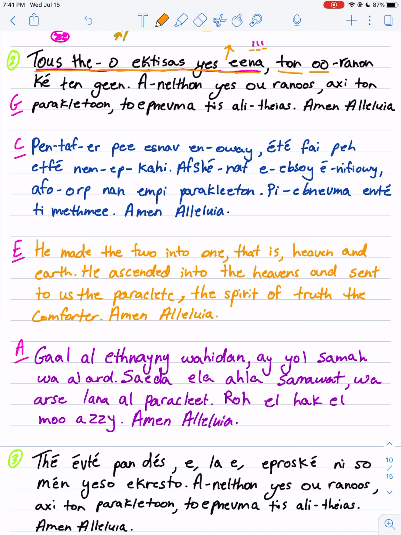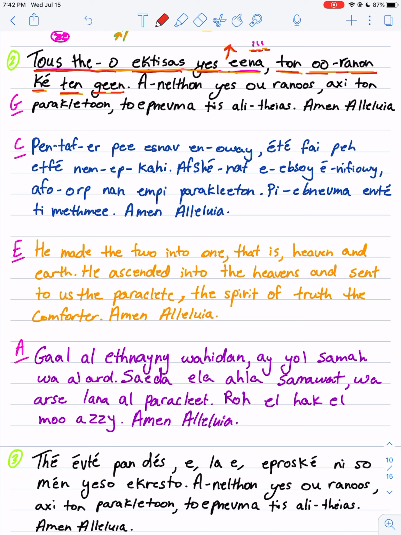Tonu ranon ketengin. One more time. Tos Theo ectisas yes ina. Tonu ranon ketengin.